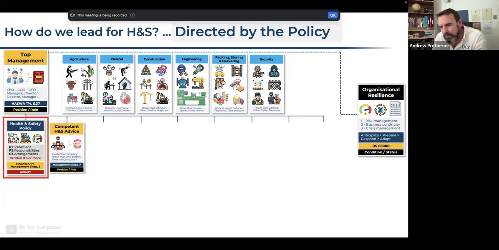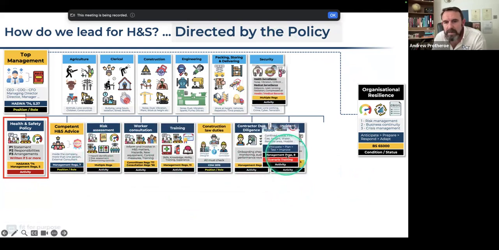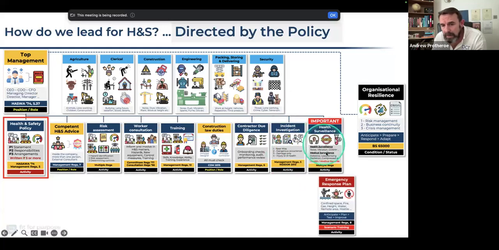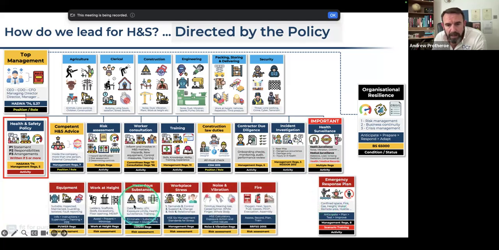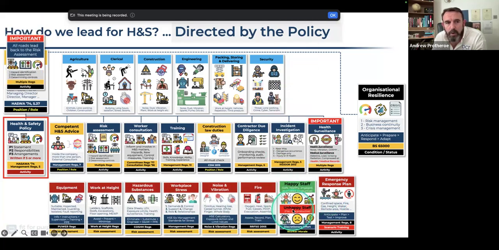Look at the responsibilities, the roles and responsibilities under this clause. Competent advice, risk assessment, consultation, training. If you're in construction, you've got to understand all of that. Contractor due diligence, incident investigation, very importantly, health surveillance and emergency response plan. All of the hazards we may have. And then we've got to consider happy staff, because that's what we want.